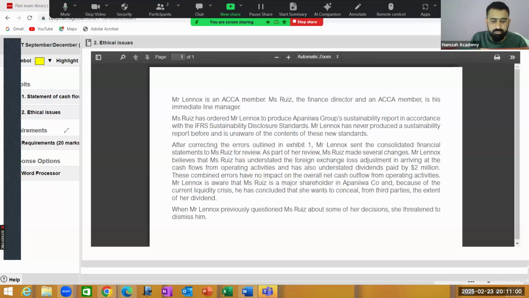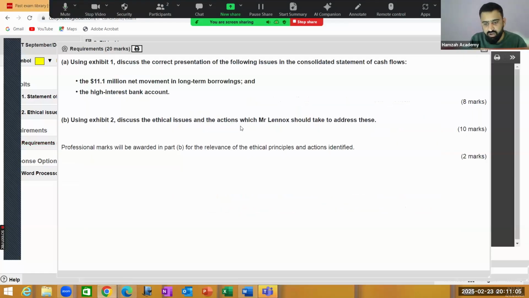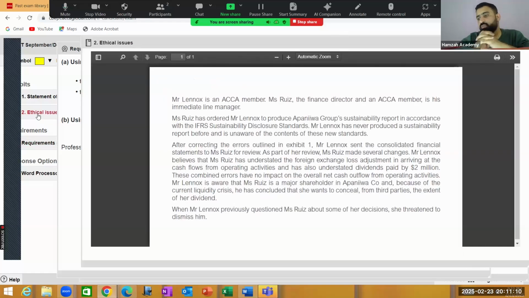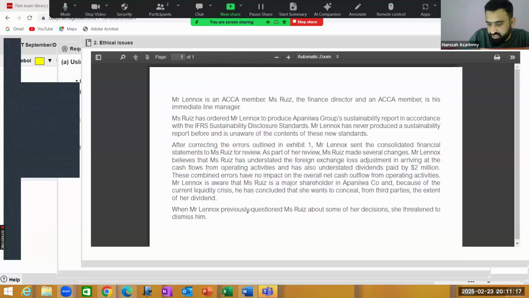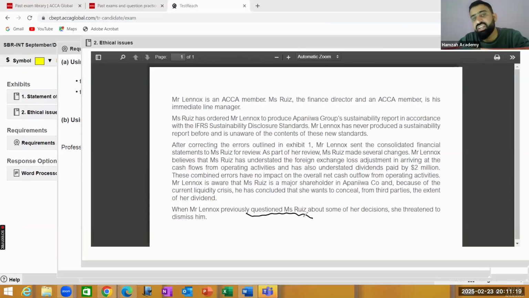Now, what would be the impact on Mr. Lennox? Because the requirement is surrounding Mr. Lennox. Yes. Now, what is the ethical issue here for Mr. Lennox? In the last line, it was mentioned in the question that his immediate manager threatened him last year when he previously questioned her, that she will dismiss him.